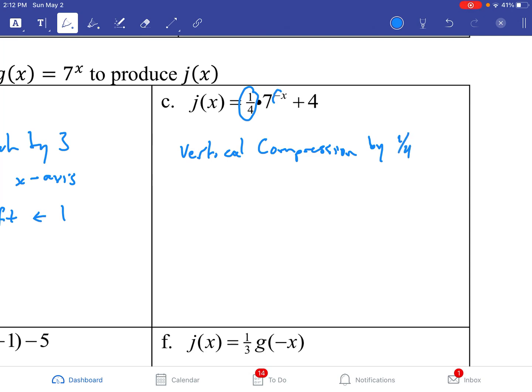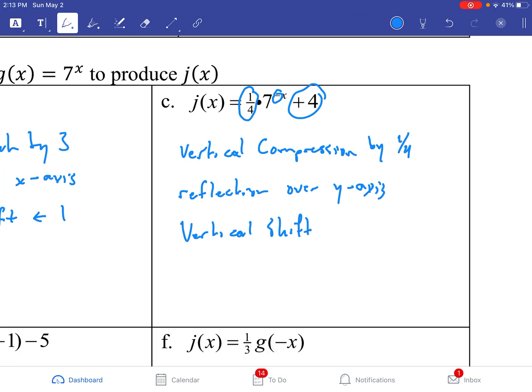The negative sign on the x term itself is going to be a reflection, but this time it's over the y-axis. And then lastly, the plus 4, because it's not on the x itself, it's not adding as part of the exponent, it is a vertical shift. It's going up by 4.